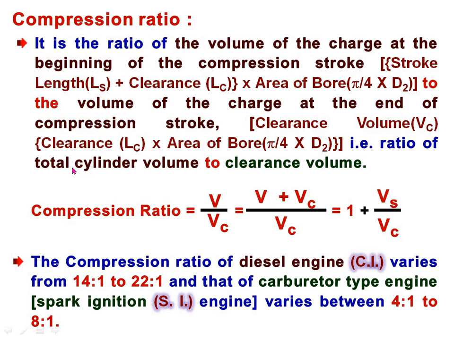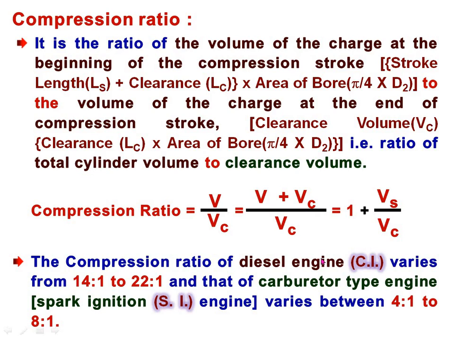That is the ratio of the total cylinder volume to the clearance volume. Thus we can represent compression ratio as V over Vc, that is equal to, here we have to put Vs, not V, Vs plus Vc divided by Vc, which is equal to 1 plus Vs over Vc.